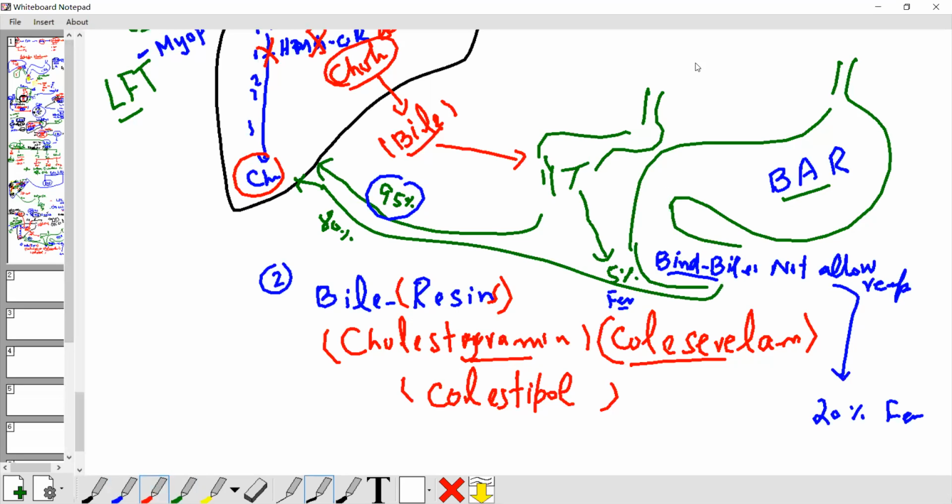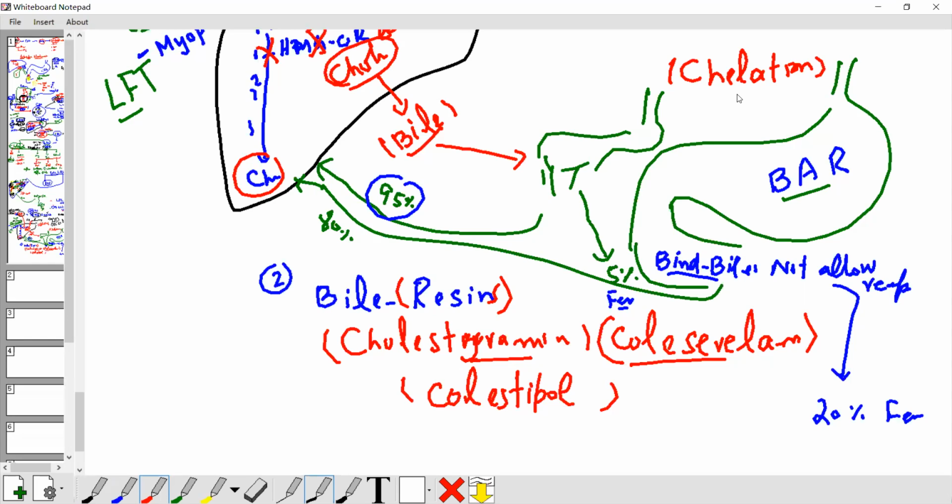You know one term in chemistry we use, chelation, to combine something to make a complex. Bile acid resin does chelation. They combine and make the bile acid insoluble, so this bile is not reabsorbed and does not go back to the liver, and there is more loss in feces.